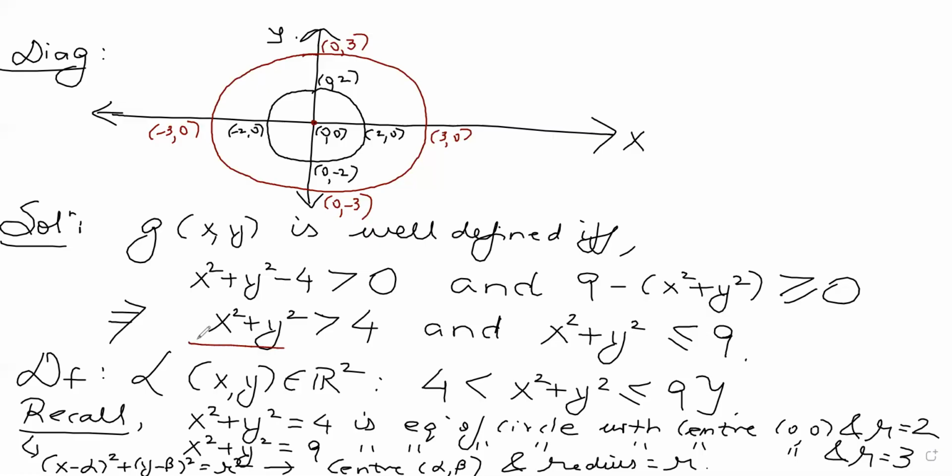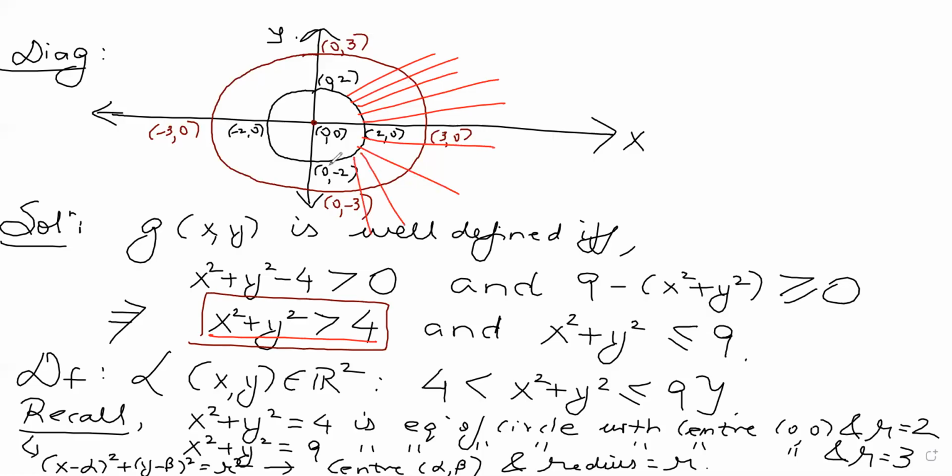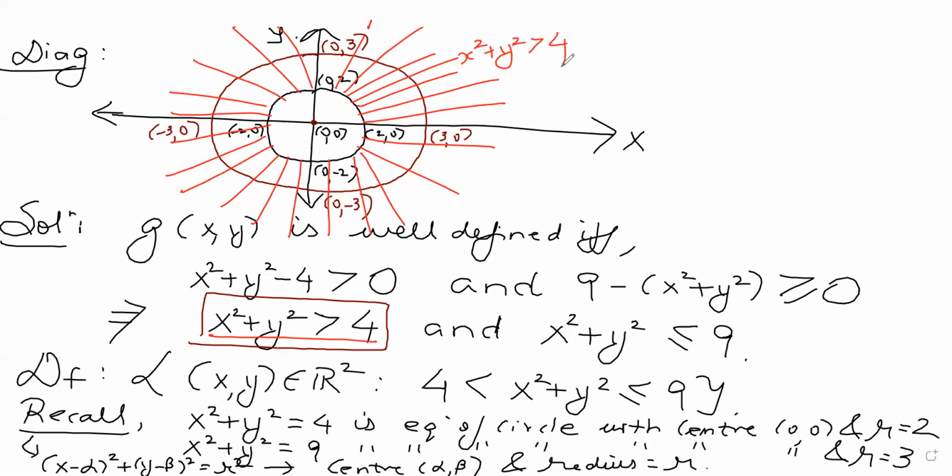X square plus y square strictly greater than 4 would mean shading will be outside the smaller circle. All the red shaded area you can see is the shaded area for x square plus y square strictly greater than 4.